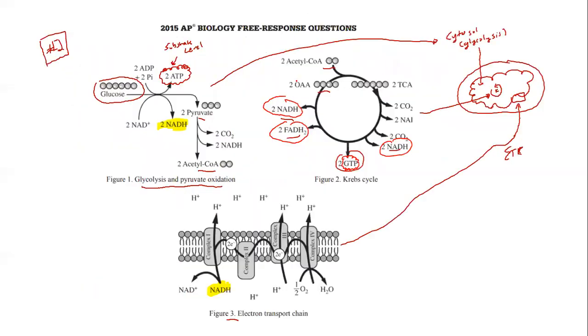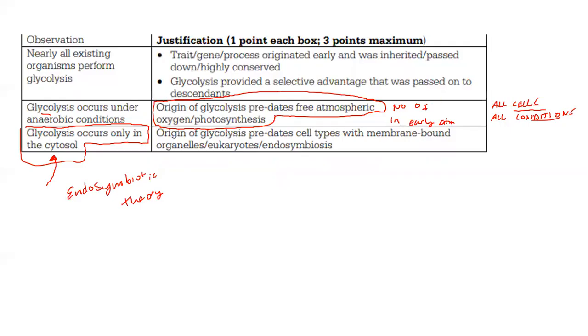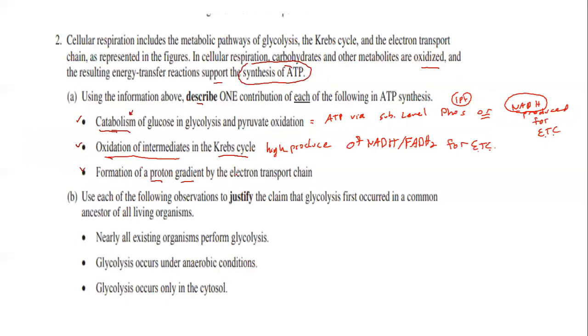The key thing is that glycolysis occurs outside the mitochondria. That means that in early ancestral times, we could only make ATP via glycolysis because we didn't have a mitochondria. So that's really what your explanation should have been for that one.